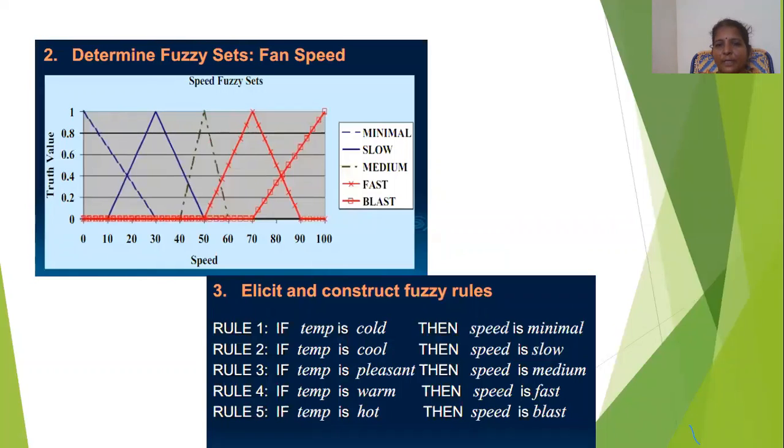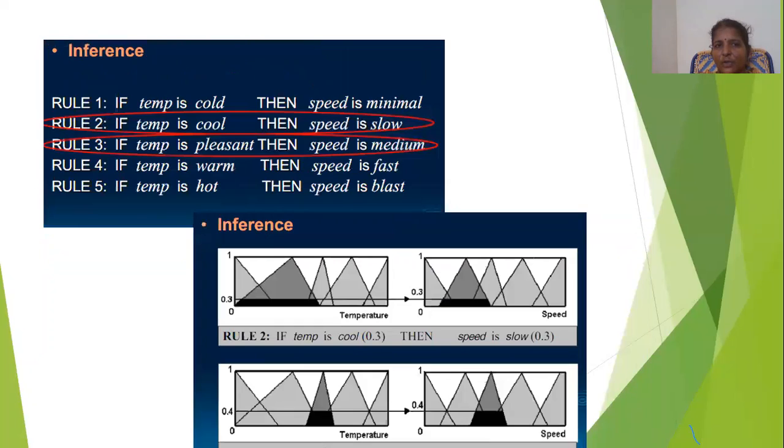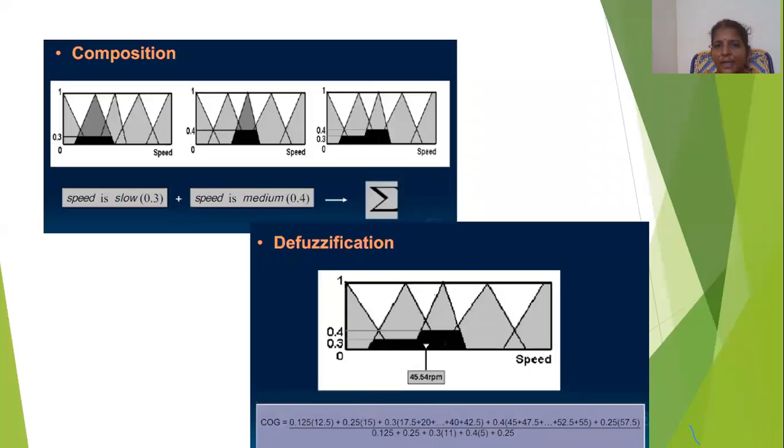Third step, constructing fuzzy rules. Fourth step, inference, composition, then defuzzification. Hope it is clear for everyone.